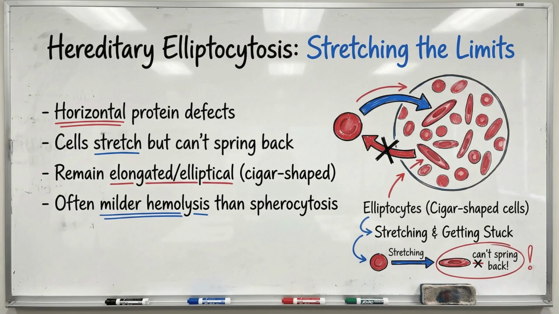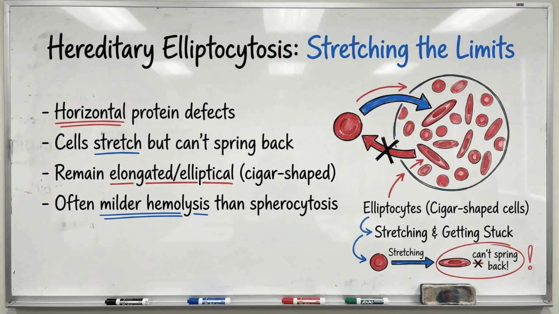While spherocytes are losing ground, another membrane defect, hereditary elliptocytosis, is stretching the limits of red blood cell shape. Unlike HS, where vertical proteins are the issue, HE involves defects in the horizontal protein linkages of the membrane skeleton. This means the cells can stretch out into an elongated or elliptical shape as they pass through capillaries, but they can't quite snap back to their normal discoid form.